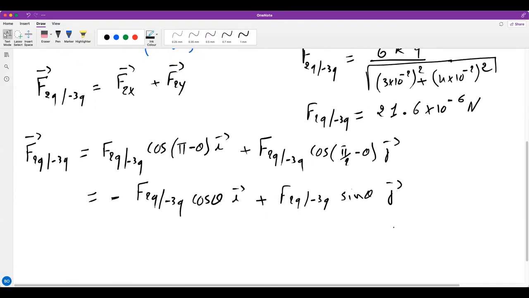The cosine of pi minus theta gives a negative sign here.